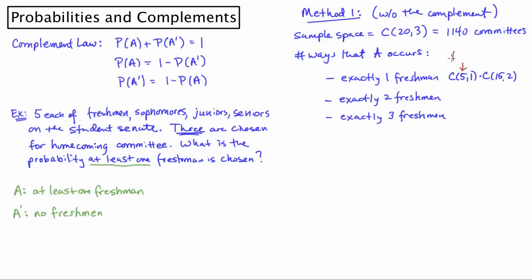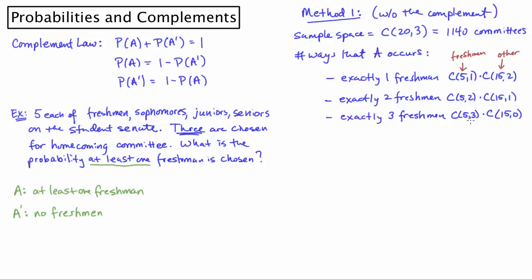Here this 5 is the 5 freshmen, and we're choosing 1, and the 15 here are the other students, and out of the other students we would need to choose 2 because the committee needs to have 3 members in it. If I'm doing exactly 2 freshmen, then it would be C(5,2) times C(15,1). I need to choose 1 left over. And then exactly 3 would be C(5,3) times C(15,0).